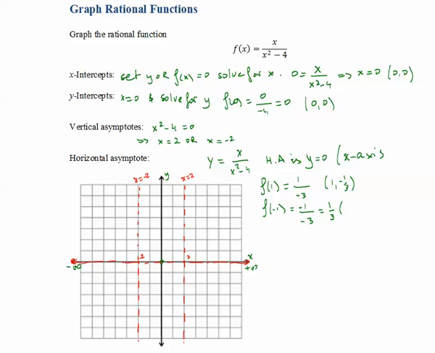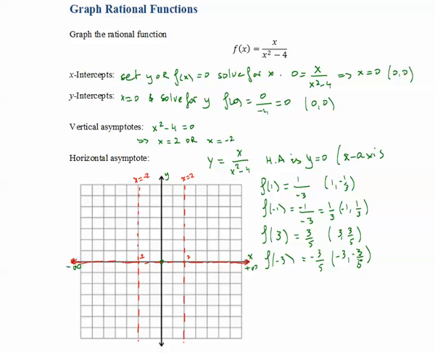So we have the points 1, negative 1/3 and negative 1, 1/3. Then we could choose a point, for example 3, and plug it in. We'll have the value of 3 over 5. So here is another point, 3 and 3/5, and maybe f of negative 3 as well, which is going to give us negative 3/5, so the point negative 3, negative 3/5.